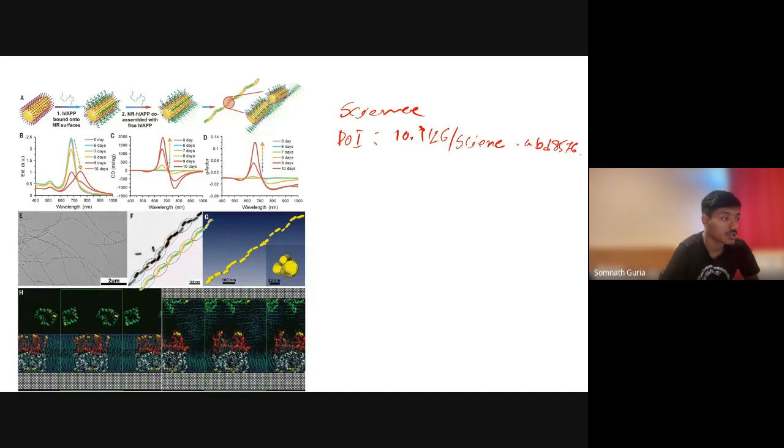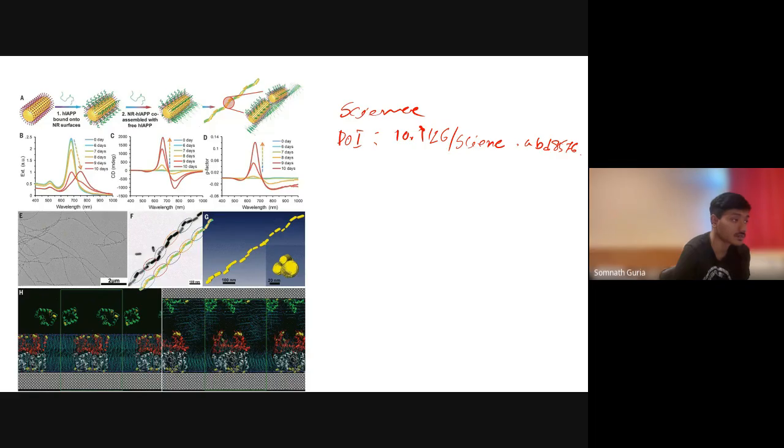Okay, and then they added an excess amount of the peptide into that assembled system, the nanoparticle-peptide system, extra free peptide into that system. Then again, they found that it's enhancing the CD spectra. Now the question is how and why this is happening. Initially, the less amount of peptide is attached to the nano plasmonic particles, and they get some CD.